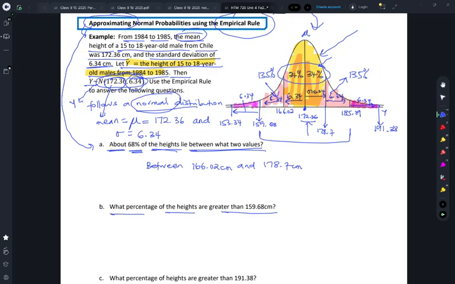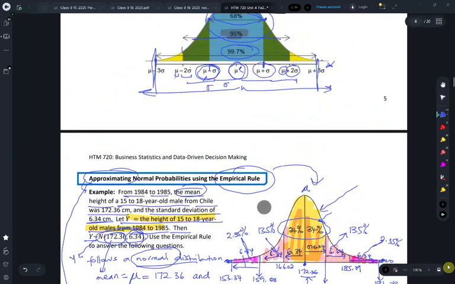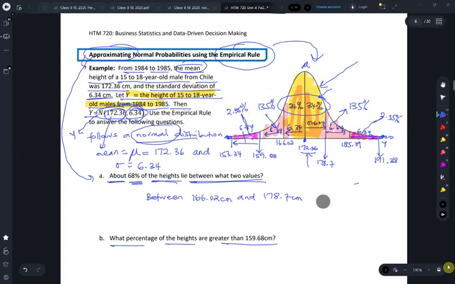Then further, within three standard deviations of the mean, you have 99.7 minus 95%, that will be 4.7%. So split that 4.7% into 2, you have 2.35% and 2.35% here. All right, and for the tiny tails here, that will be 100% minus 99.7%. So we're left with 0.3%. So you have 0.15% here and 0.15% here.